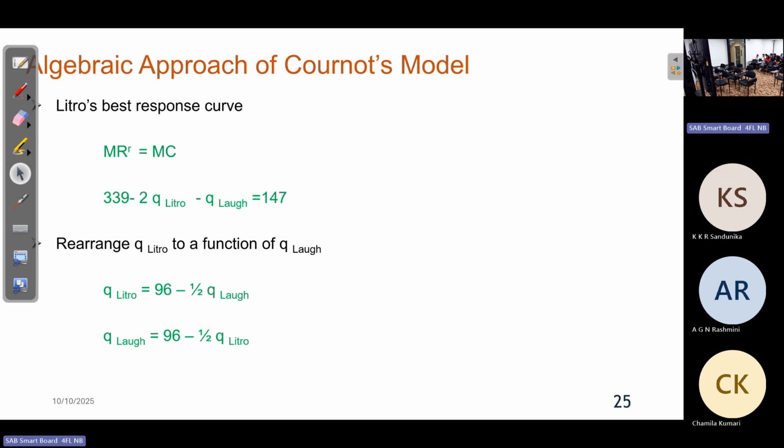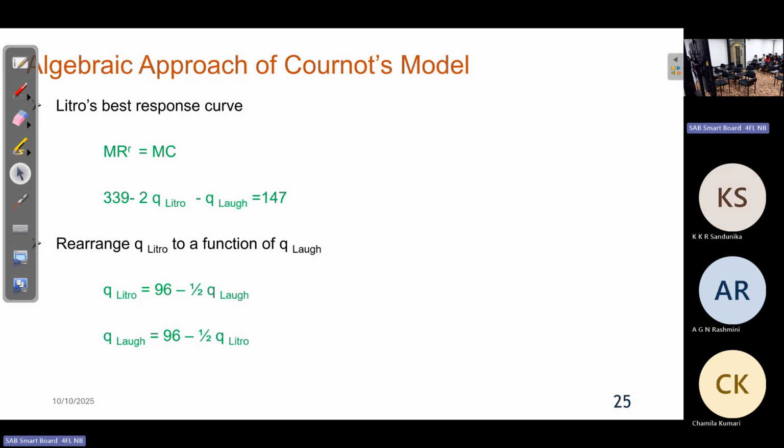339 Q1 differentiated with respect to Q1 gives 339. Q1 squared gives 2Q1. Q1 Q2 gives Q2. So marginal revenue is 339 minus 2Q1 minus Q2. Then we take that marginal revenue of firm 1 and equate it with the marginal cost, which is common for both firms, 147.